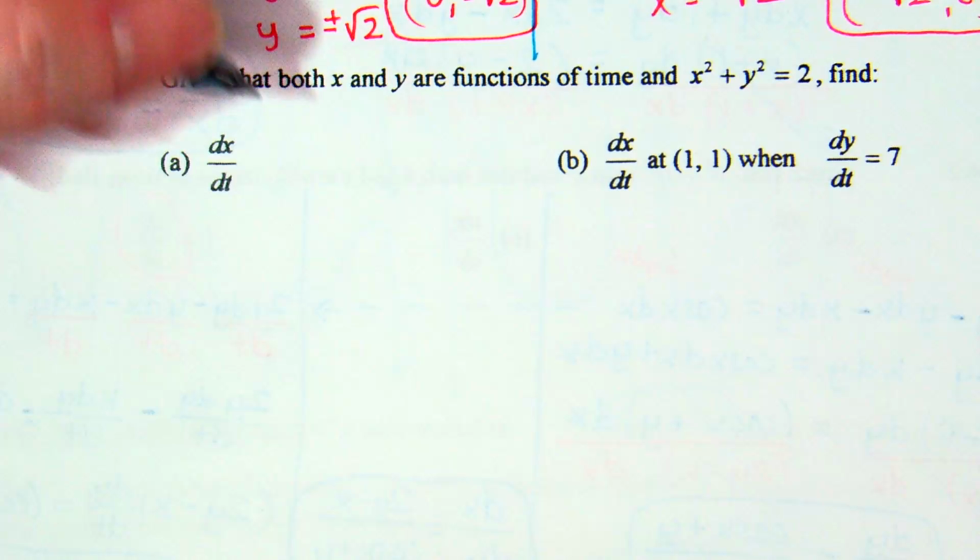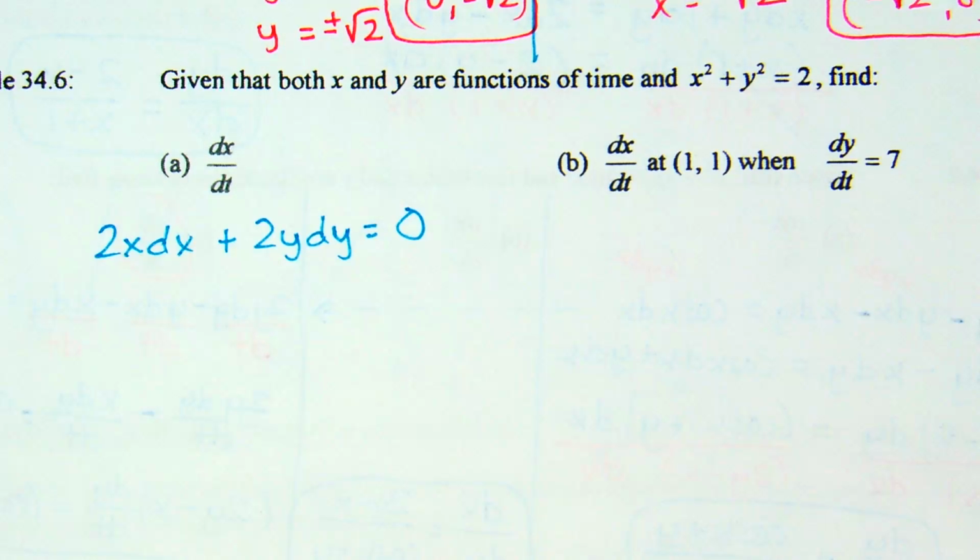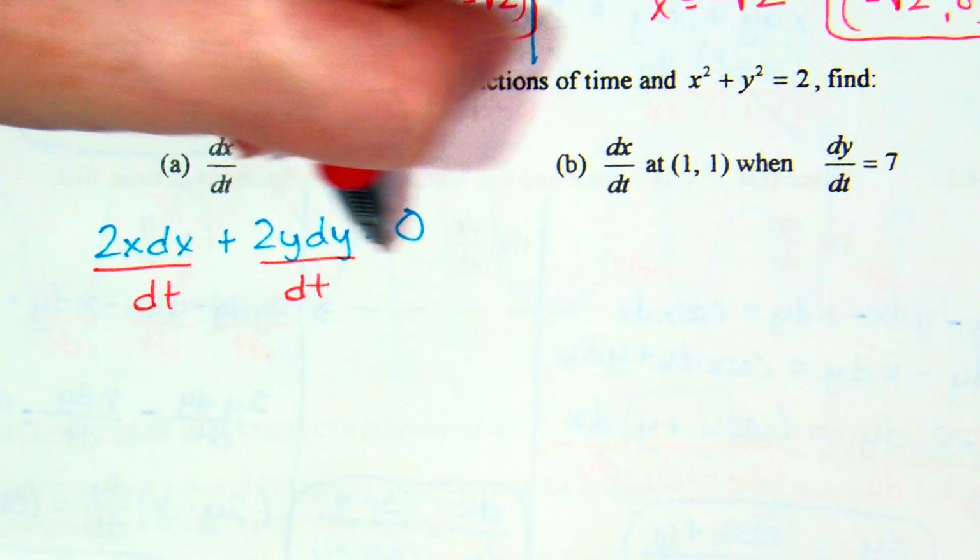Now, we're trying to find dx dt. So what do we need to do here? Do you remember on the front page how I did this? I divided every term by dt. And technically, I can even divide that 0 by dt to make it official. From here, it is solving.